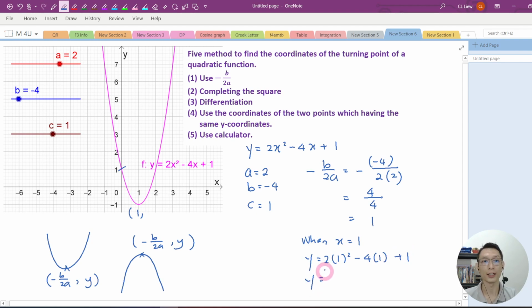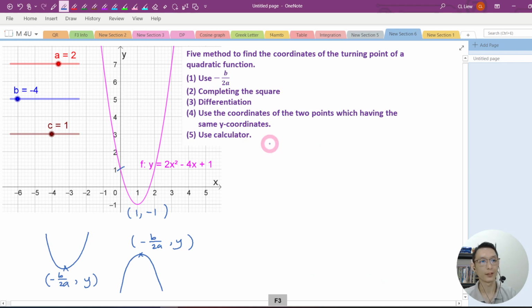Okay, you just press your calculator. This will give you 2 minus 4 plus 1. 2 minus 4 is equal to negative 2. Negative 2 plus 1, negative 1. Now you have the full coordinate of the turning point: 1, negative 1.